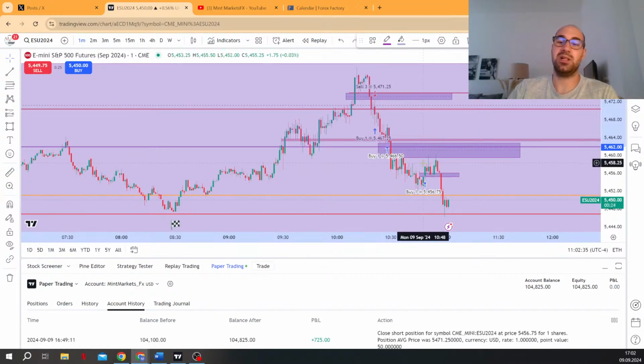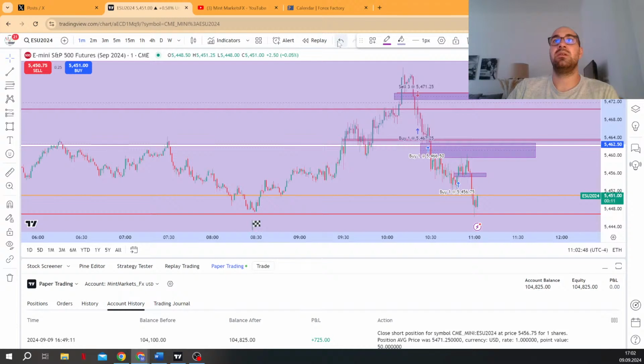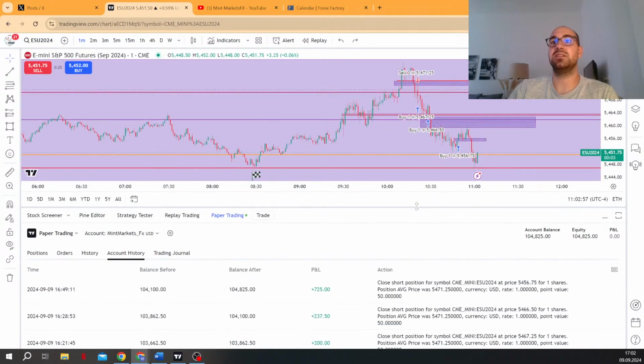We took me out as well, and then traded into the fair value gap and completed the market maker sell model. Really nice. I'm very happy with the price delivery today. Not perfectly managed the trade, but who cares if you made money at the end of the day.